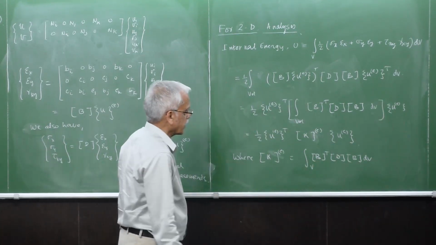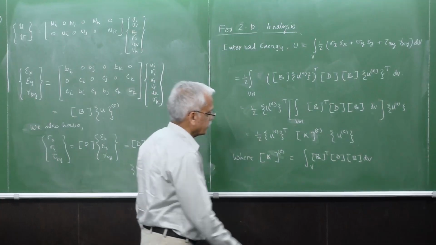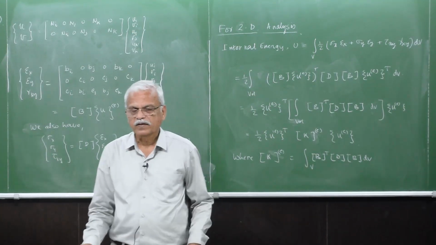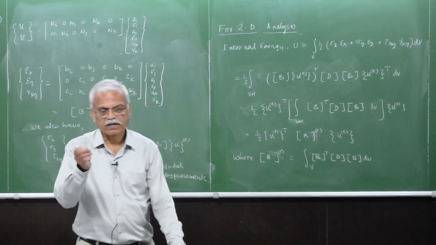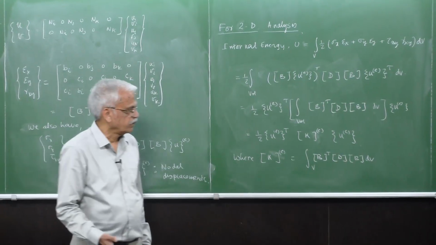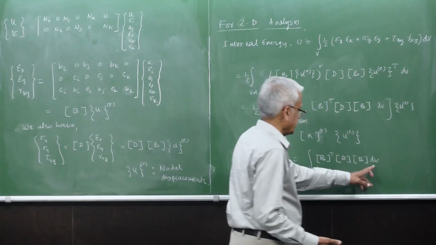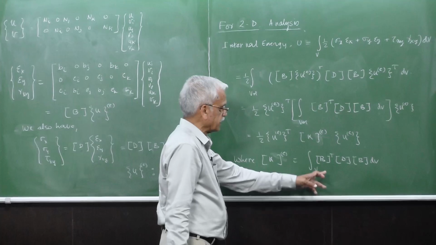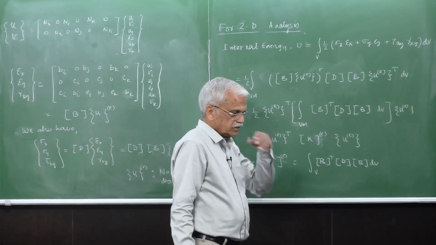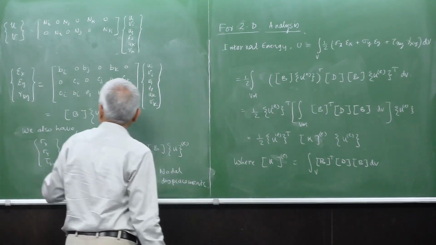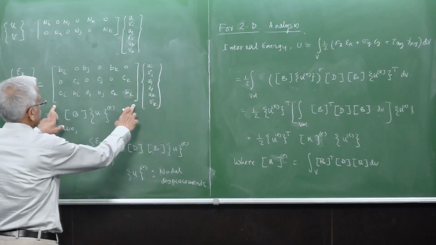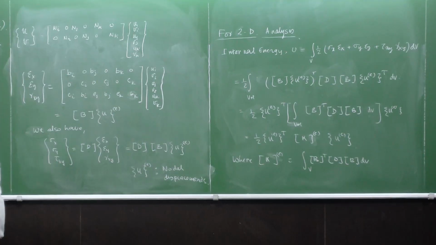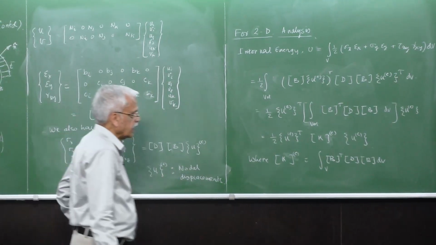So this is a two-dimensional thing, in which case we can say that if it is a plane stress, you have a thickness also, in which case we can write it as thickness times area. And you can see one interesting thing, that this B matrix, which is the strain displacement matrix, for this three-noded triangle, turns out to be constant.